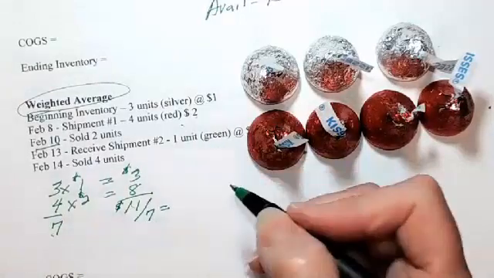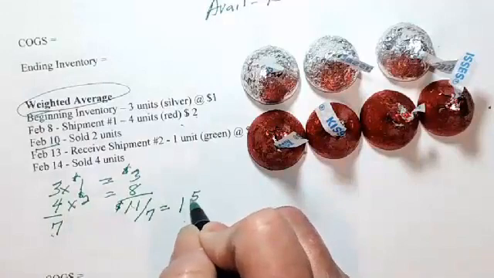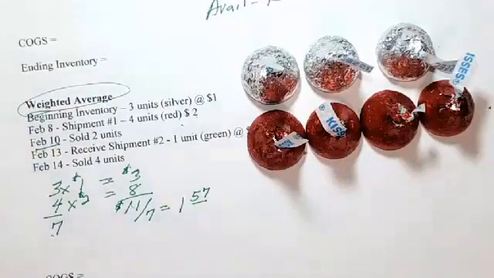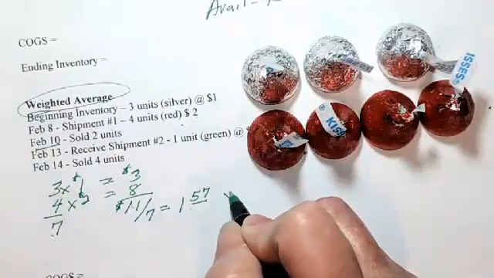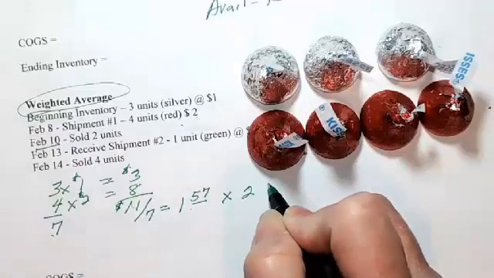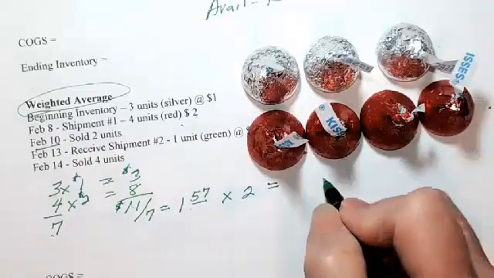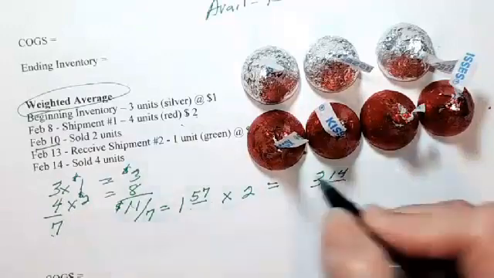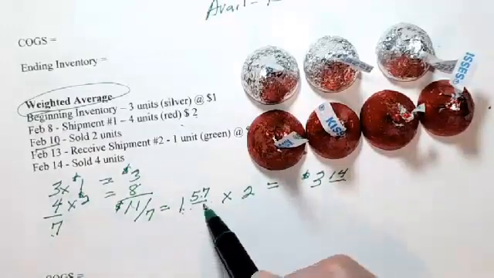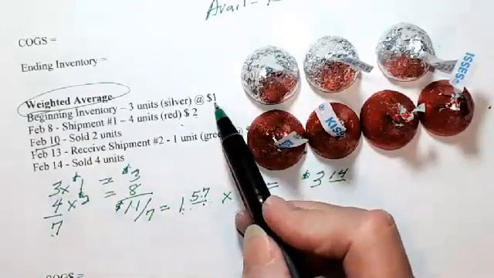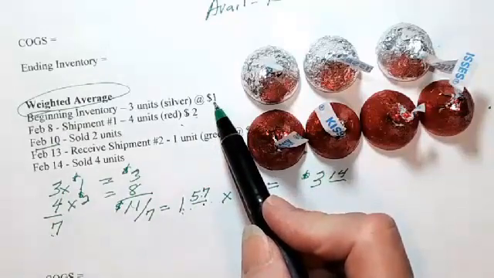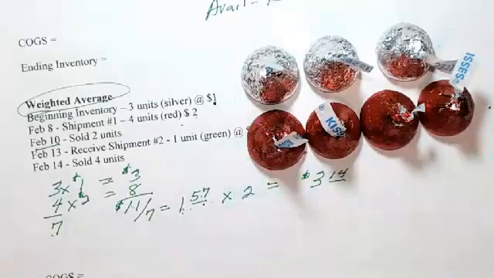My cost is $1.57 each. My cost of goods sold, I sold 2 units. That's $3.14. I know this $1.57 has to be somewhere between 1 and 2. If you come up with 50 cents or if you come up with $2.50, you know you're screwed up.